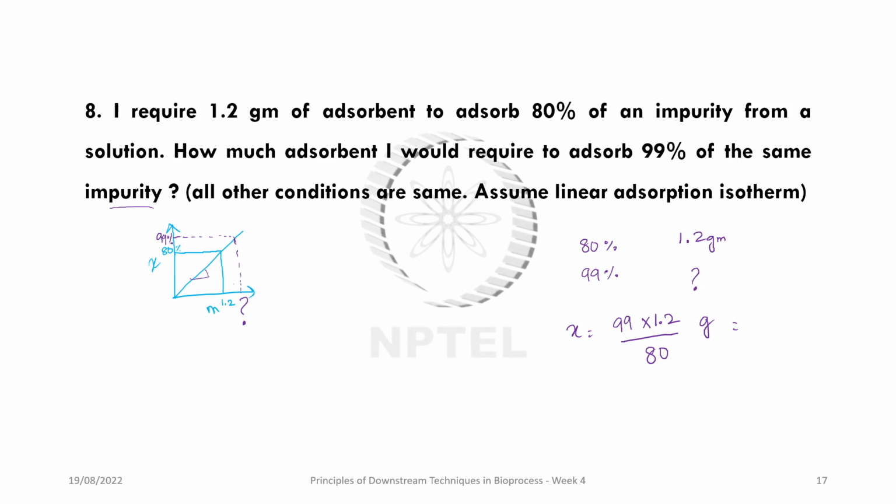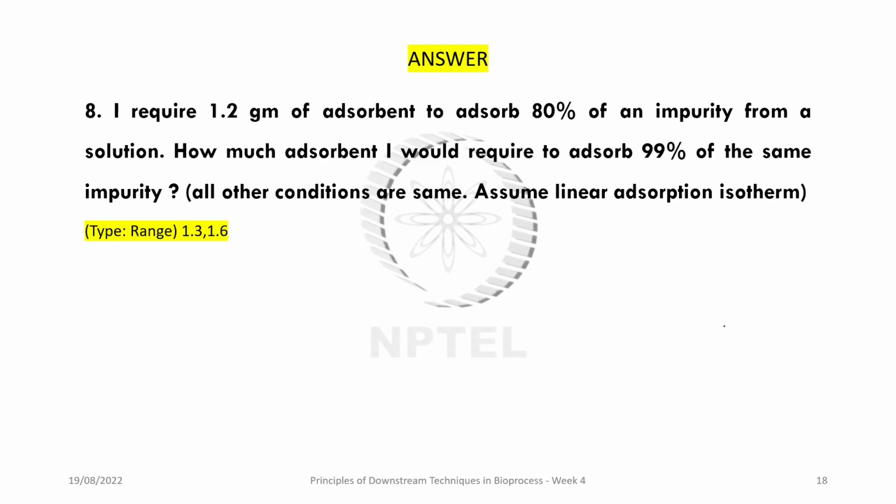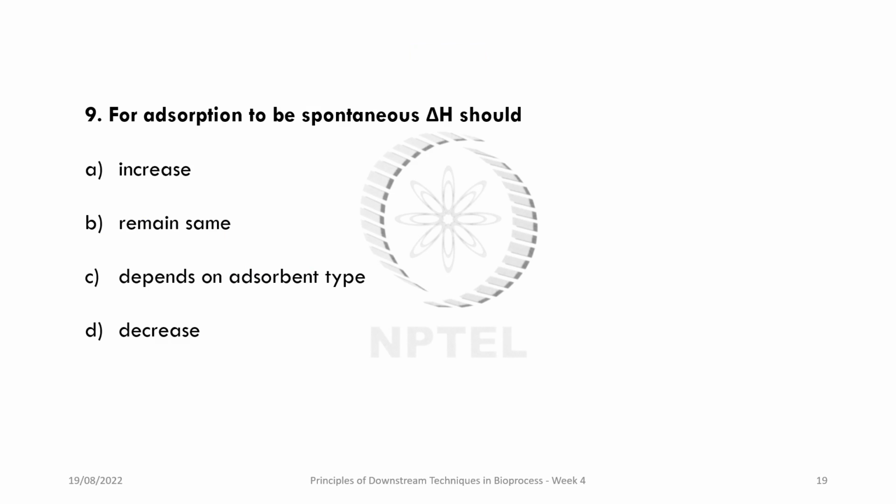What's the answer, guys? 99 into 1.2 divided by 80 gives. Thank you, Sriram. Thank you, Natarajan. 1.485 grams. Right? Shall we check the answer? It's between 1.3 and 1.6 is the range given. We got 1.485 grams. Great, guys. Let's move to the next question.